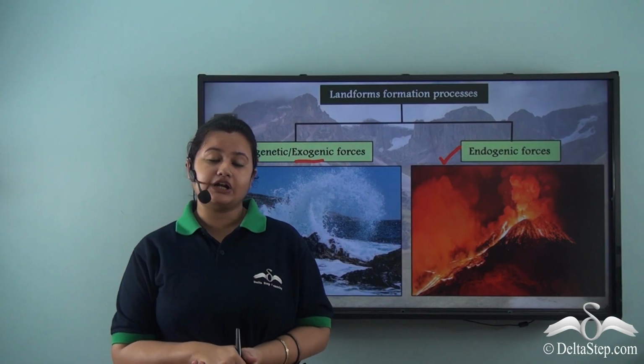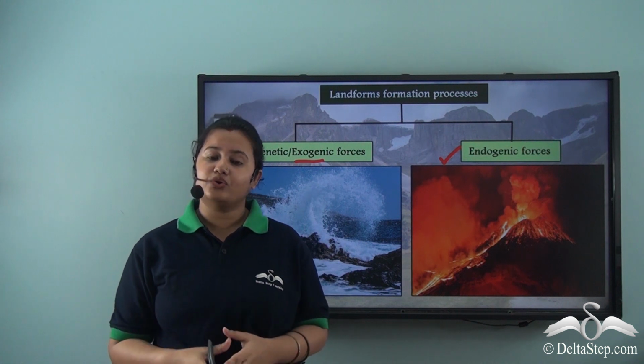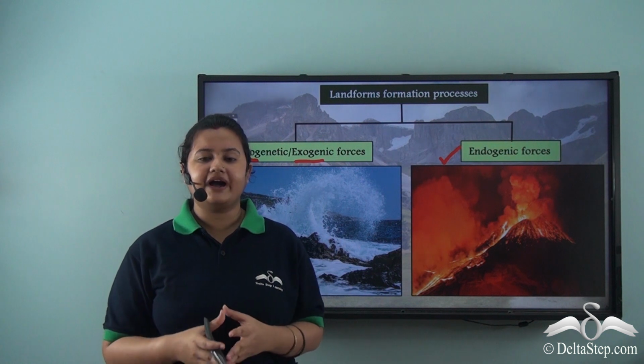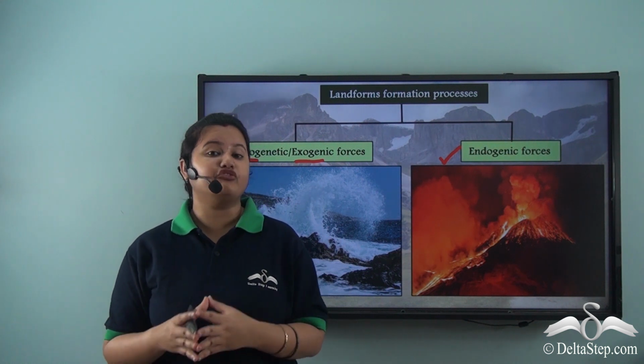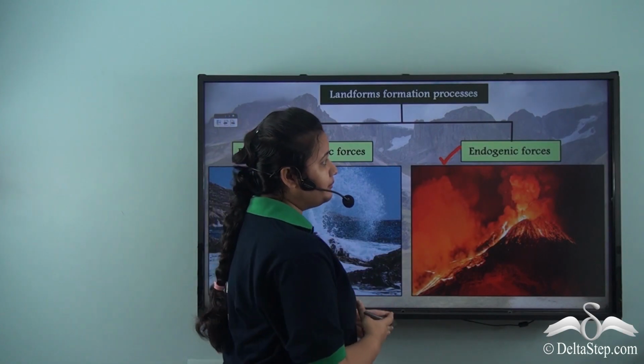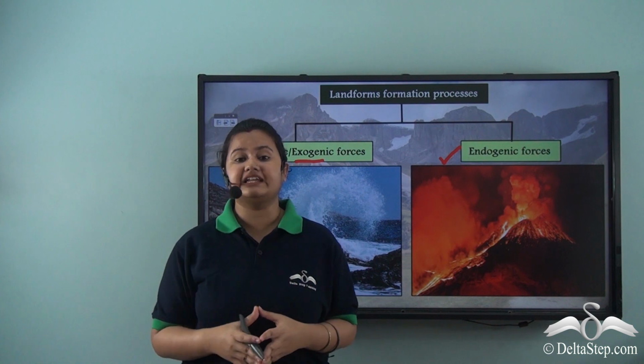Exogenic processes include weathering, erosion and deposition, and these processes are carried by natural agents like wind, water and frost or glaciers. And then we have also studied about endogenic forces in detail.